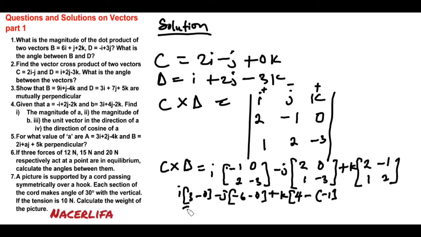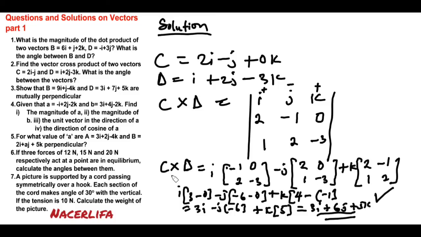So we have that this is 3I minus J times minus 6, plus K, this will be 4 minus minus 1, so this is 4 plus 1, this is 5. So we now have that this is 3I plus 6J plus 5K. So this now is the vector cross product of C and D.